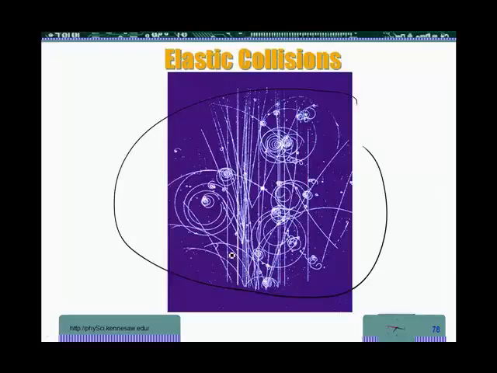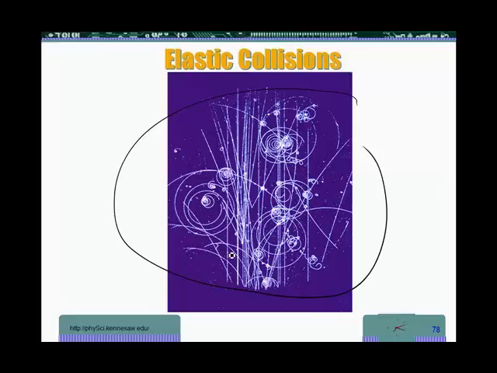Now, even though elastic collisions are rare in real life, we usually approximate a lot of collisions as elastic collisions. We say, assume that the collision is elastic. That's one keyword you need to look for in questions. Do they tell you it's an elastic collision?